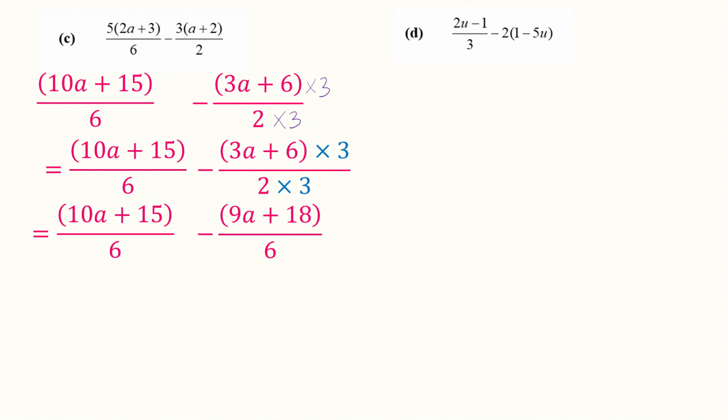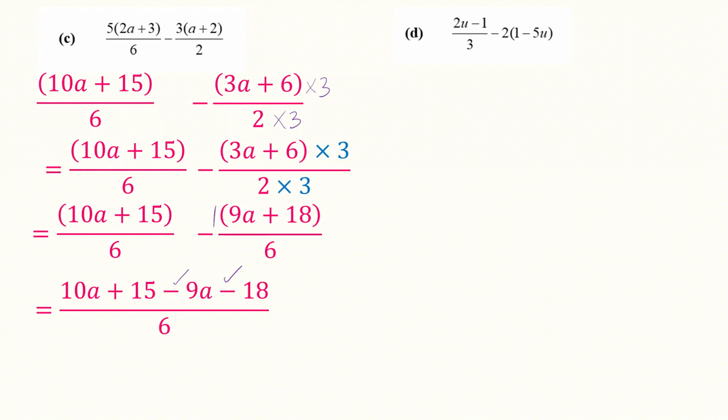Since we have the same denominator, we can just combine the numerators. This is what I mean that you have to introduce a bracket here. There's actually a 1 there, but usually we don't write it. So negative 1 times 9a gives you negative 9a, negative 1 times positive 18 gives you negative 18. That will give you a minus 3 over 6.